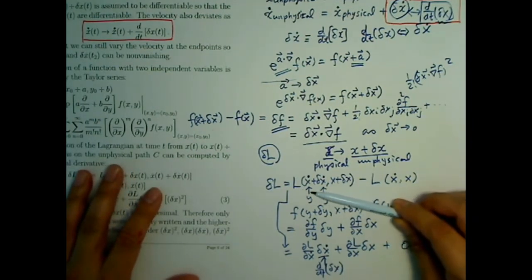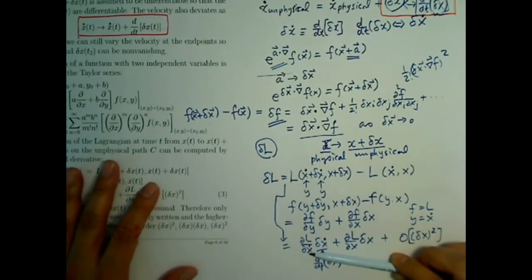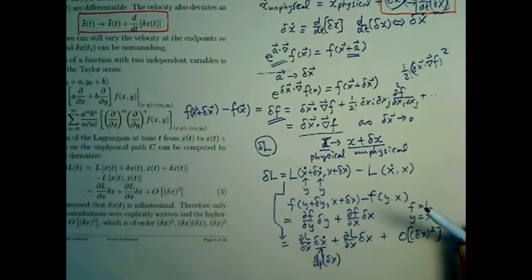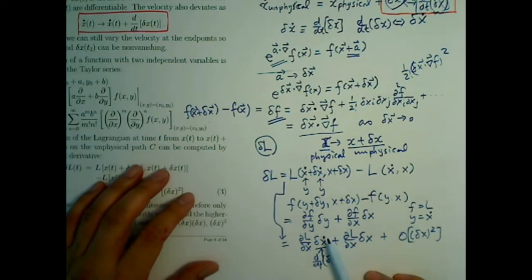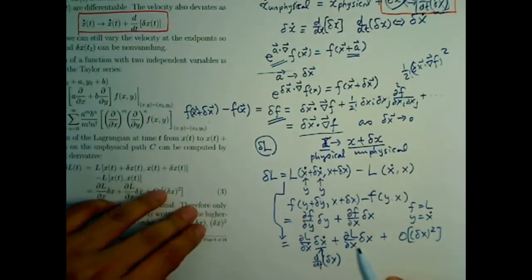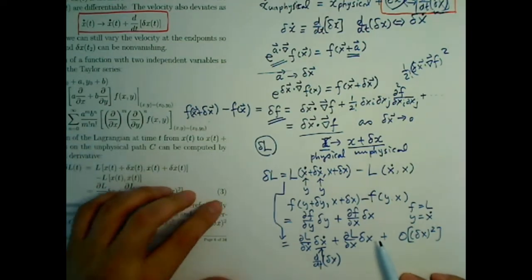Lagrangian's variation due to the variation from the physical path to the unphysical path, we were able to expand by taking the chain rule. The Lagrangian's partial derivative with respect to the velocity and the variation of the velocity. Lagrangian's partial derivative with respect to the coordinate multiplied by the variation of the coordinate.